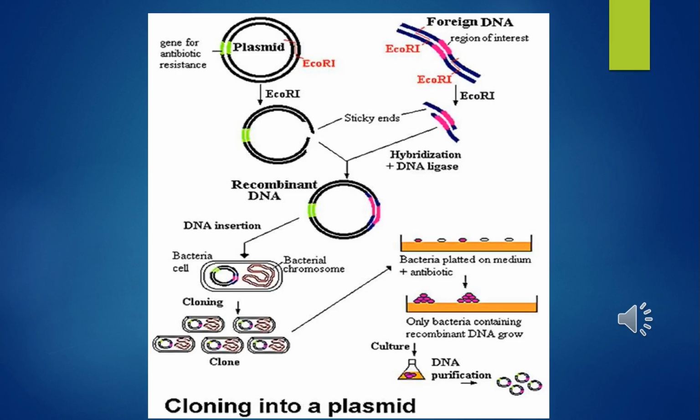And now cloning is done, and these bacteria are plated on medium plus antibiotic. Only bacteria containing recombinant DNA will grow, and these are formed in the lab or in the bioreactors, and a product is formed like this. And likewise we can form insulin etc. in the lab.